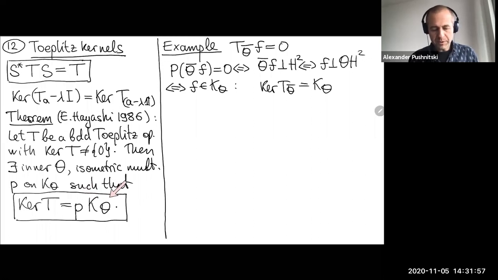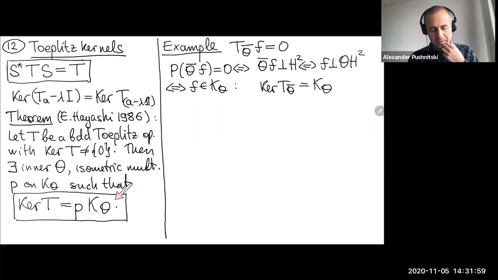I'm a relative newcomer to this area, but my impression is the following: model spaces are extremely nice. They have this rich structure and so on. But nevertheless, they are probably still a relatively poor selection of spaces to construct a reasonably rich theory.